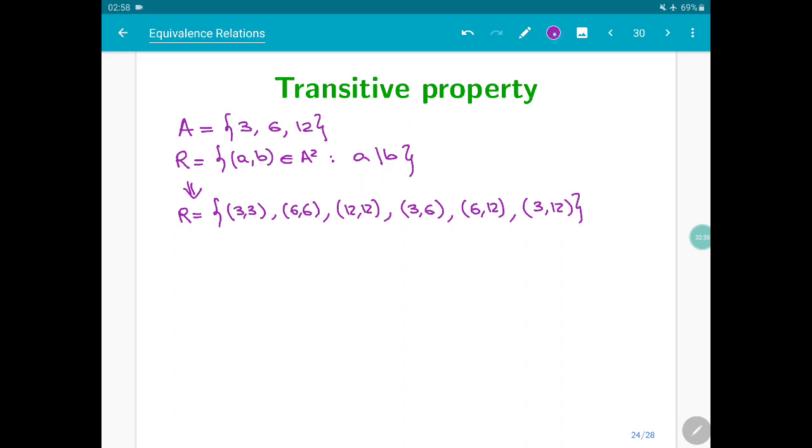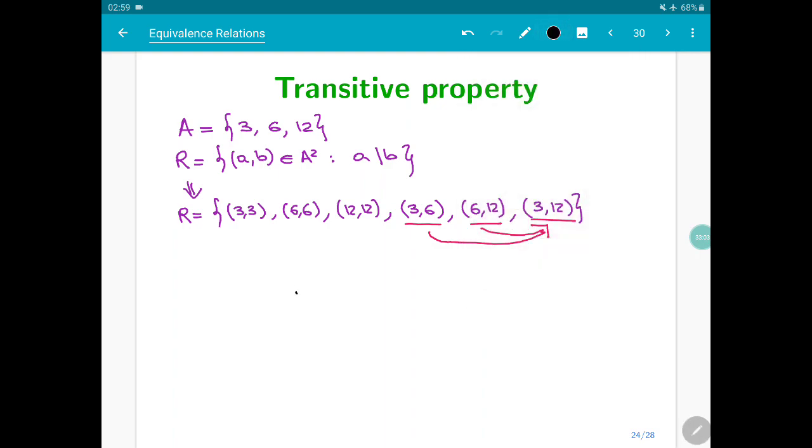Okay, now here we will notice that 3,6 is here, 6,12 is here, and this plus this implies that 3,12 is also here, okay? If x,y and y,z are in R, then also x,z is in R.